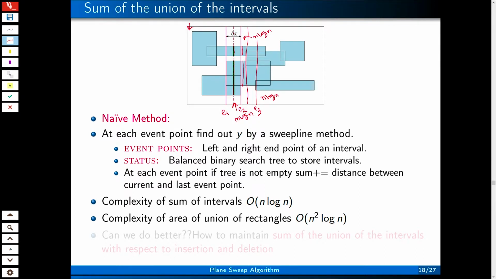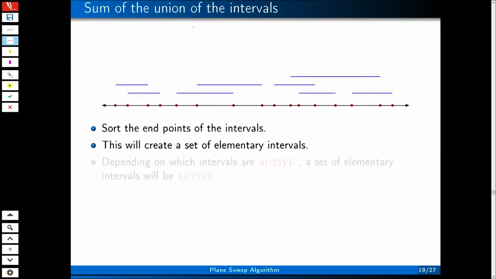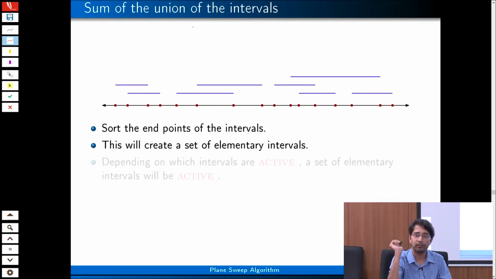So, I know all possible intervals that will come while processing the sweep line from left to right, just the y axis intersections of these intervals. I know all the possible intervals. That will give me a set of these intervals, right? What are these intervals?